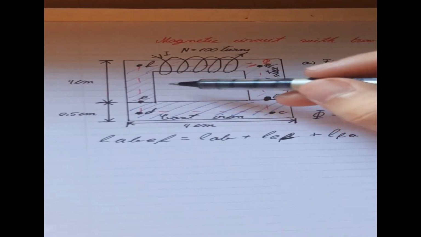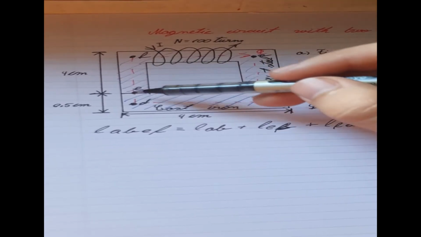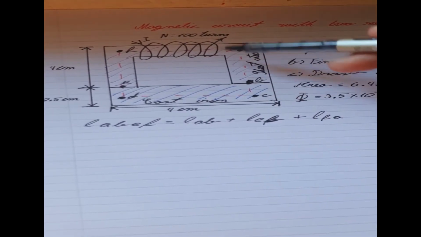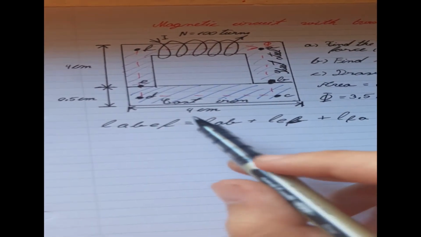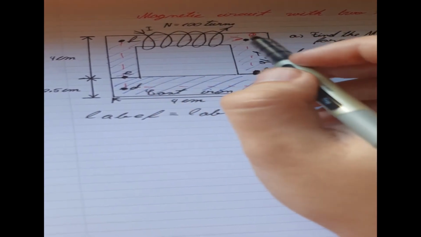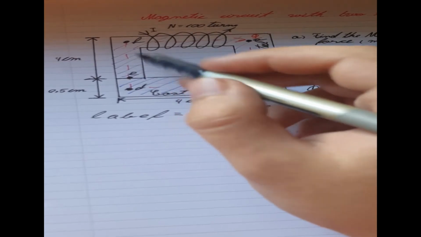But if you do basic geometry, you can already see how you calculate it. You basically just calculate the length from this point, which is this red dotted line, with this point, which is this dotted line, with this point, which is this dotted line. And we know that from this point here to this point here, that will be 4 centimeters. And from this point here to this point here, that will be 4 centimeters.